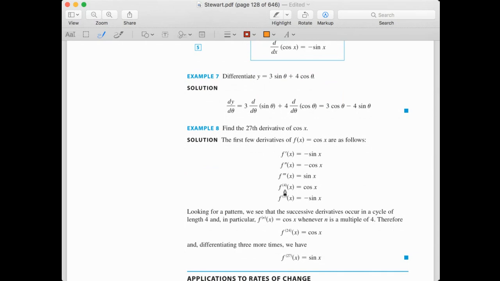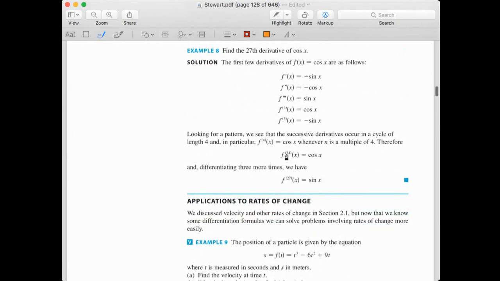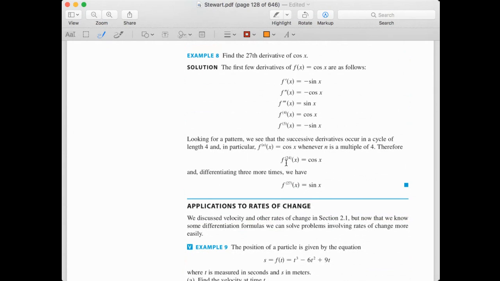And if we do that, you see after 4, this is cyclic. So it goes back to sine. You can just go through this. f of x equals cosine. f prime equals negative sine. f double prime equals negative cosine, because the derivative of sine is cosine, so we get negative cosine.